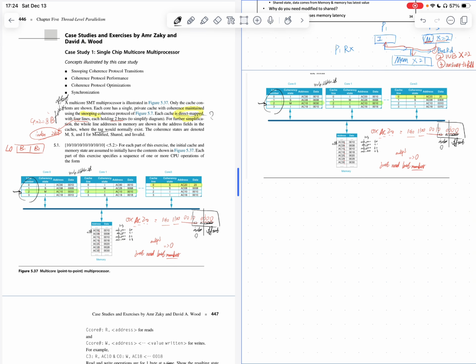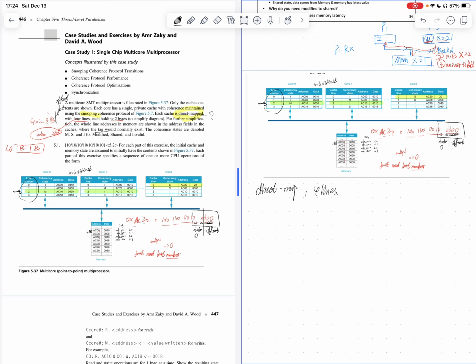You can see it's a direct map. So that means the address will project to each kind of lines, cache lines. And there are 4 lines. That is what you can see from the picture.